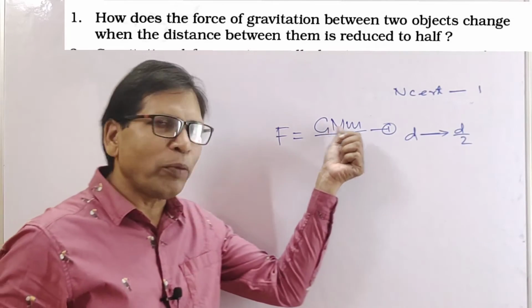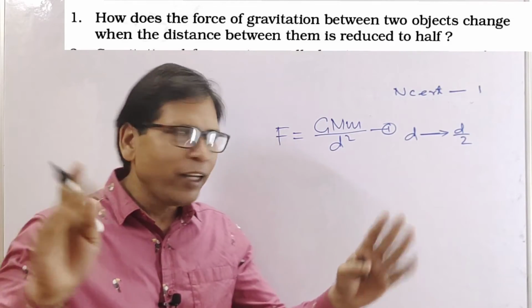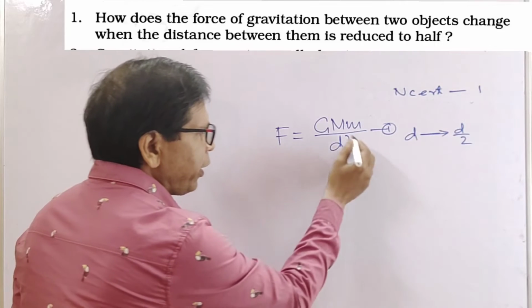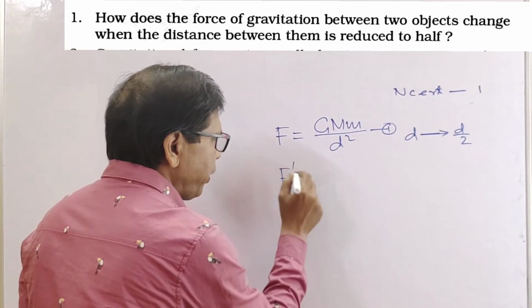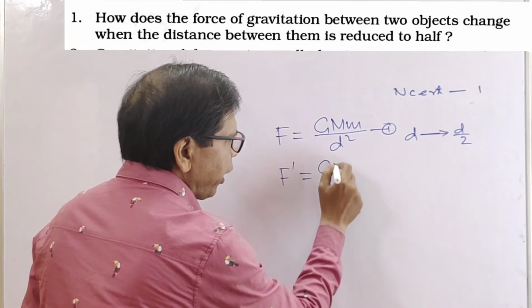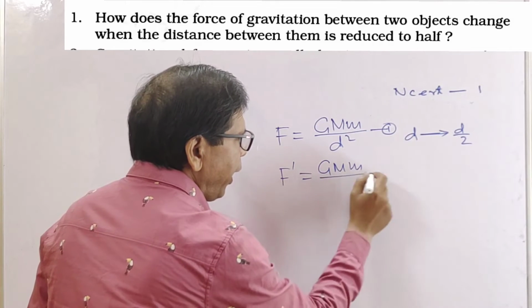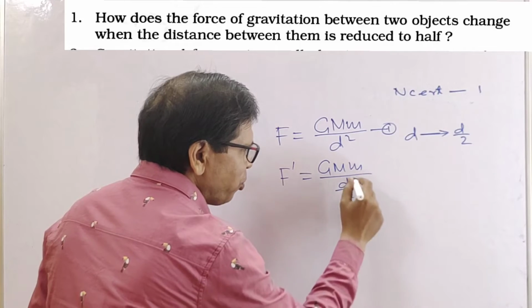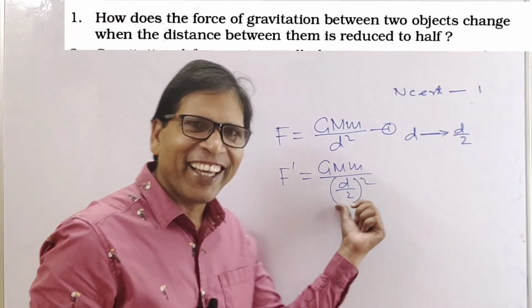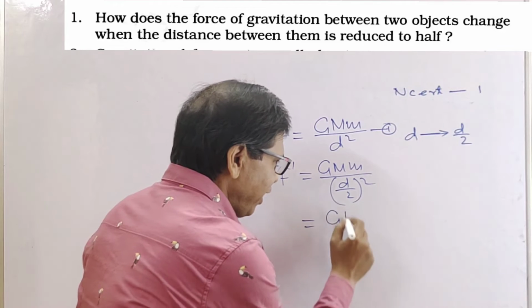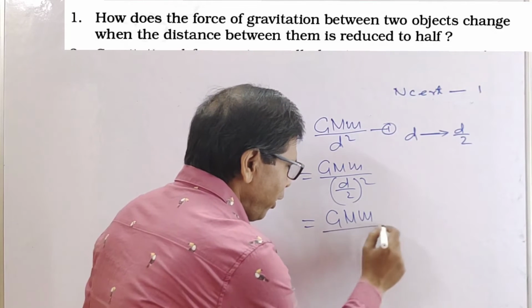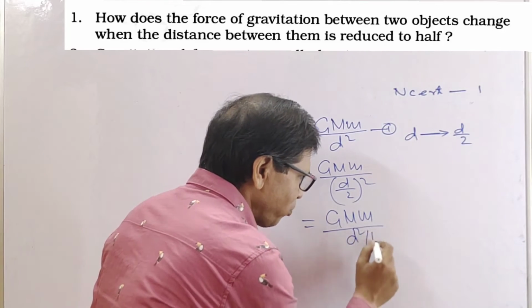Now here the masses of the two objects are the same. When the distance of separation is reduced to half, the force becomes F dash. So this is G, capital M, small m, and d by 2 whole square. This is capital G, capital M, small m divided by d square by 4.